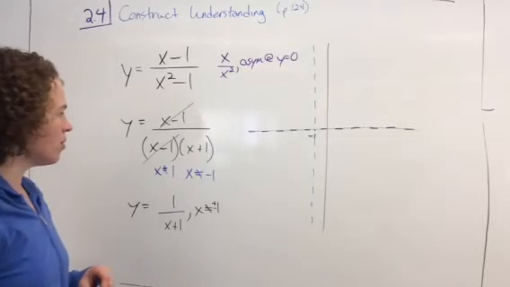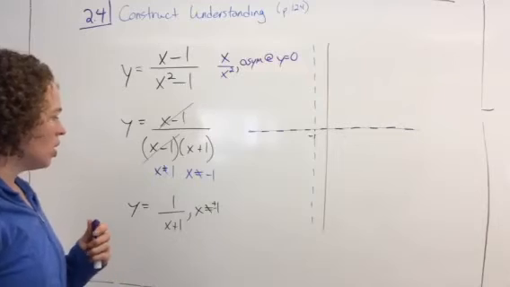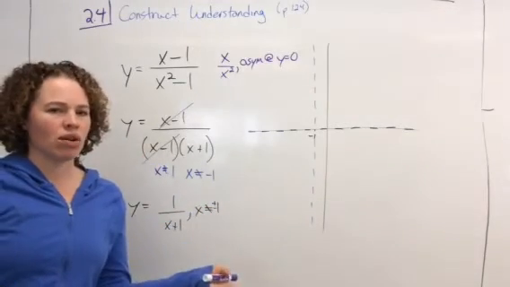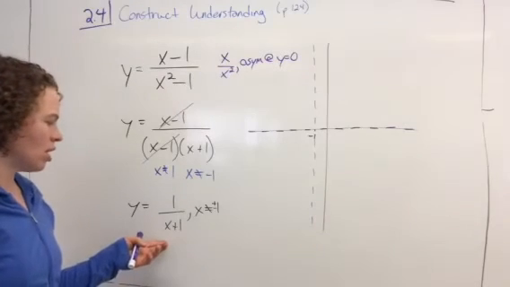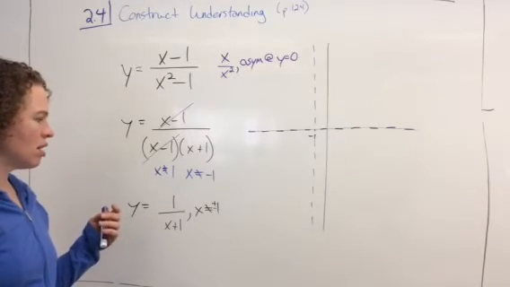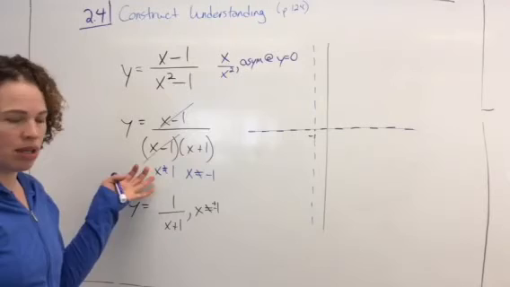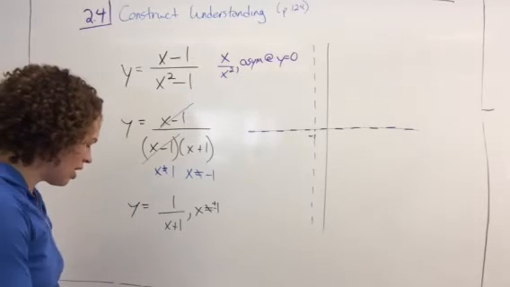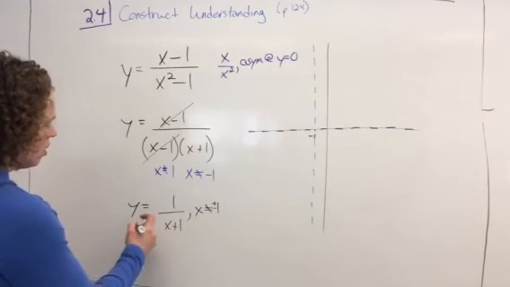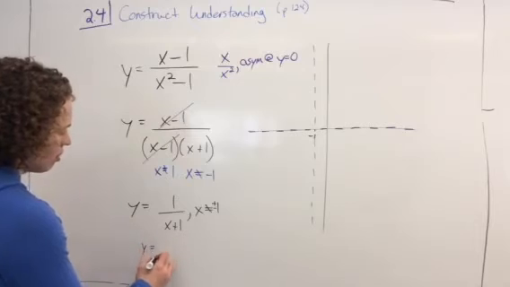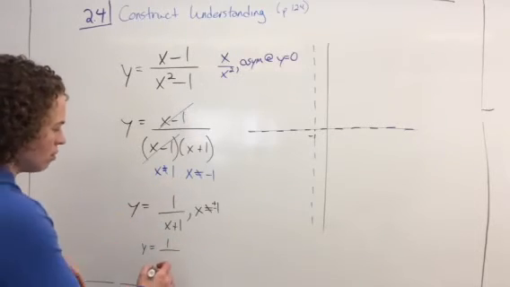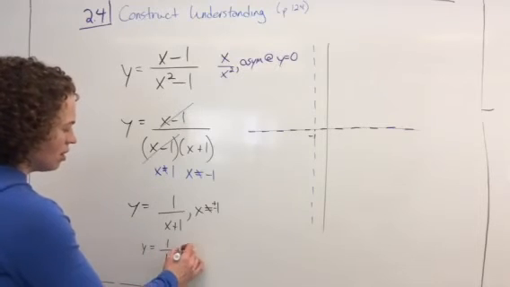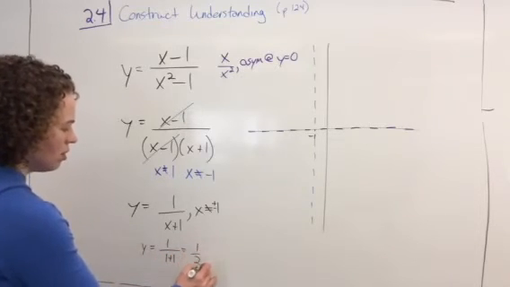If you remember from previous sections, we have to place that hole somewhere. We do that by using the modified equation and plugging in the value that x couldn't be up here. So y is going to equal 1 over, x couldn't equal 1, so 1 plus 1, which gives me 1 over 2.